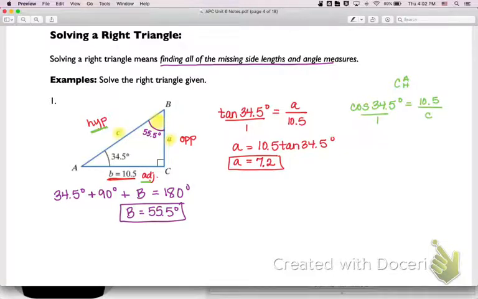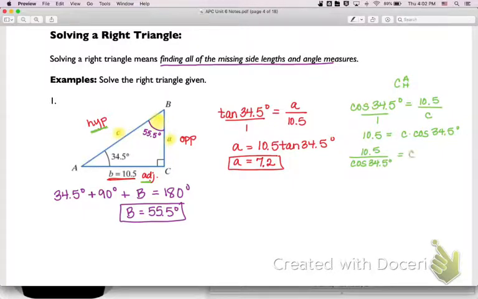If we cross multiply this time, we get 10.5 equals C times the cosine of 34.5 degrees, and then we need to divide both sides by cosine of 34.5 degrees.